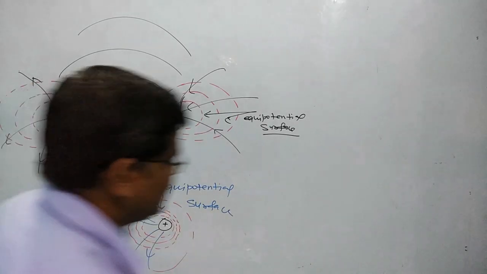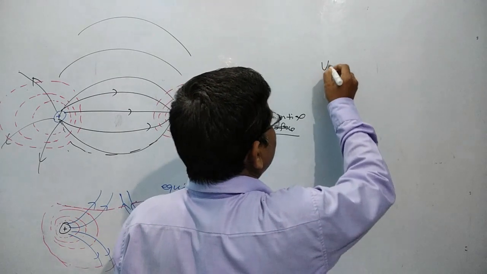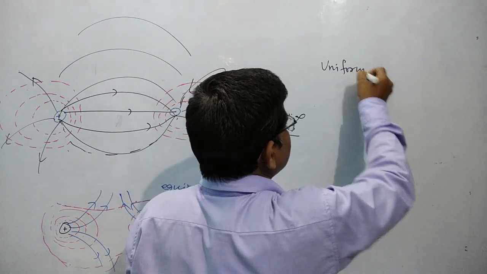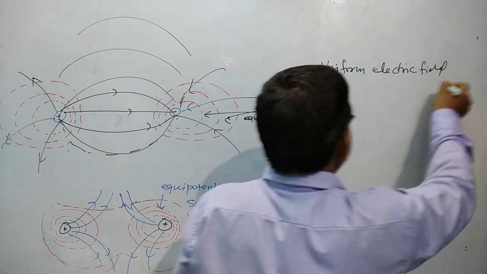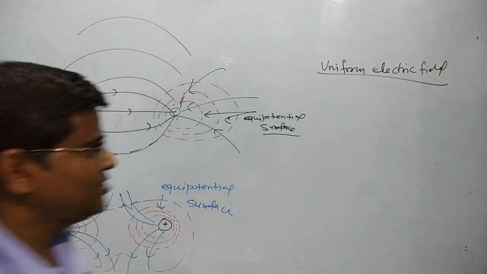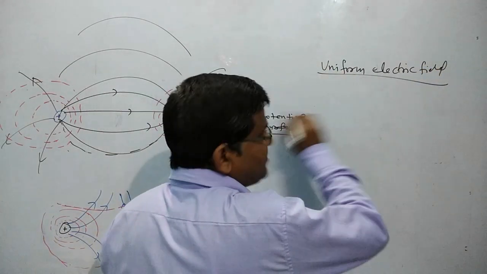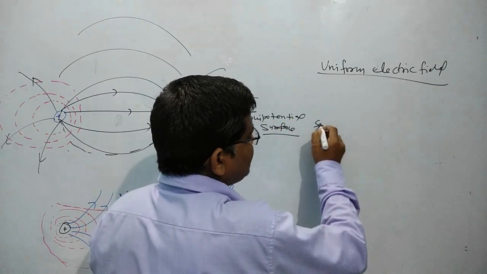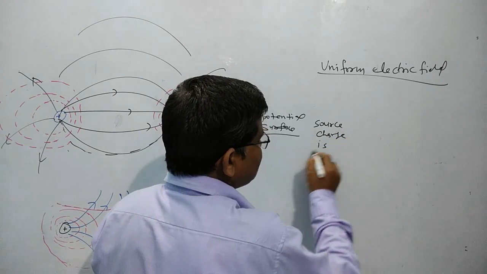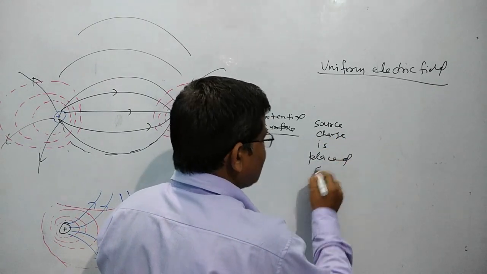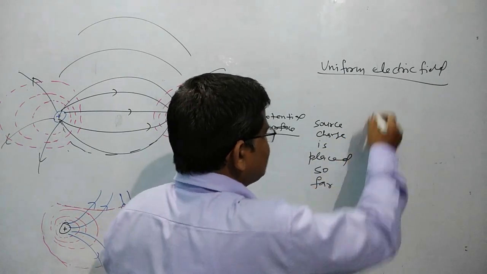And one more thing, equipotential surfaces for a uniform electric field. Electric potential due to a uniform electric field means a source charge is placed very far away.